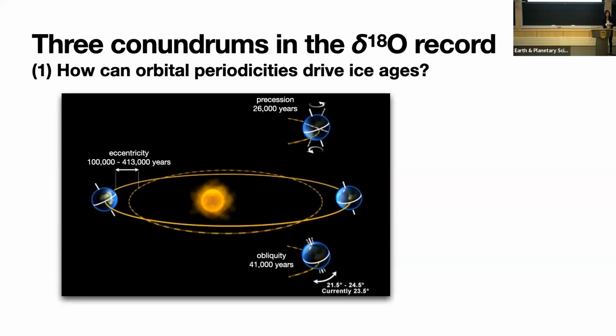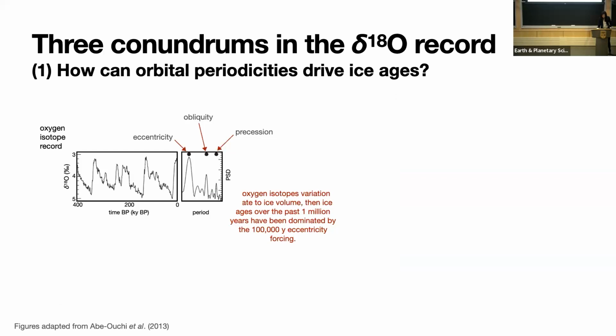And yet, in these oxygen isotope records, we're flipping in and out of ice ages. So there have to be really large positive feedbacks within Earth's system to move these tiny changes to big climatic variations.